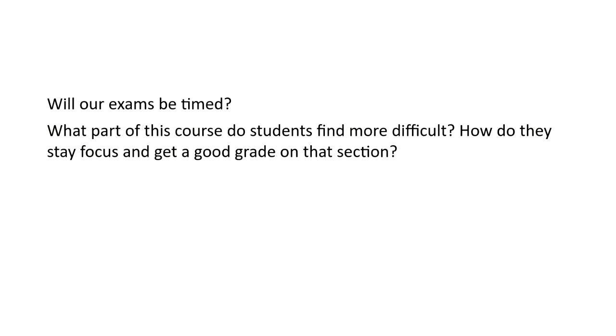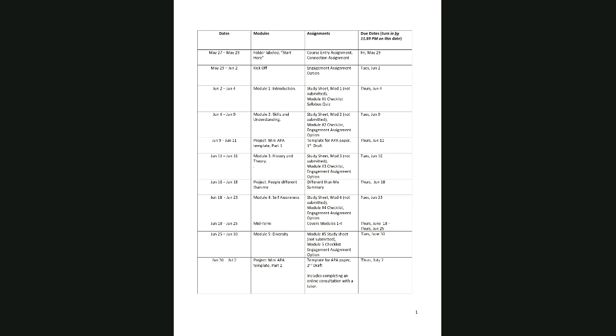And I'm going to pull up our syllabus right now so we can look at where this is showing up. So on our schedule, the one I'm talking about is our mini APA template. And we're going to have the first part due on June 11th.